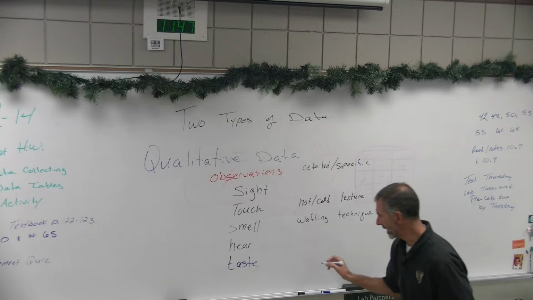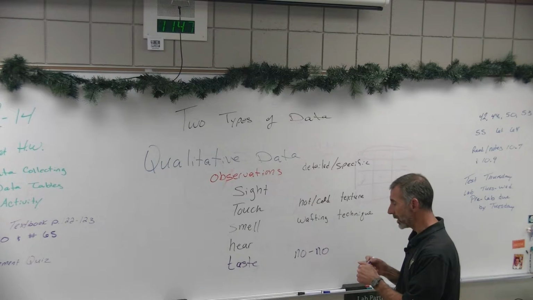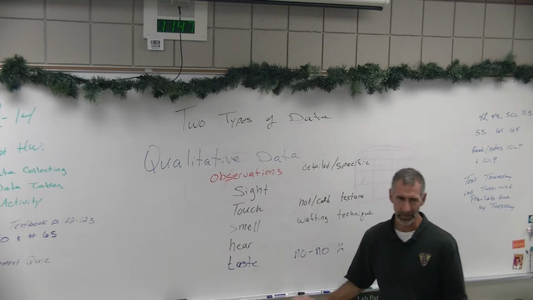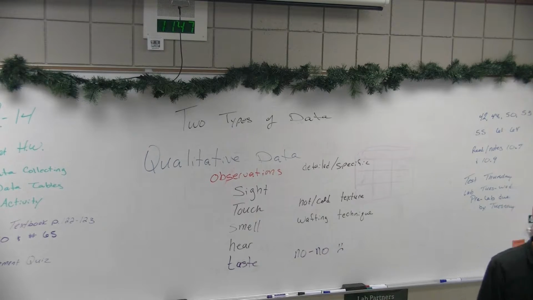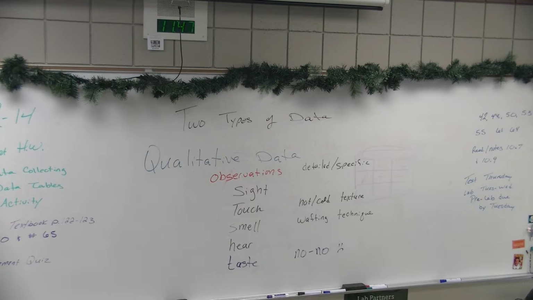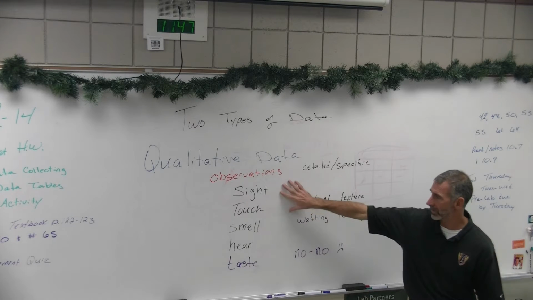And that's a no-no. We do not want to taste things in lab. Kim B will make ice cream, and you can taste that. But hey, look, that white stuff looks like sugar. All right, don't be doing that. Don't be tasting things to see what they are. That's a no-no. So four are the senses.